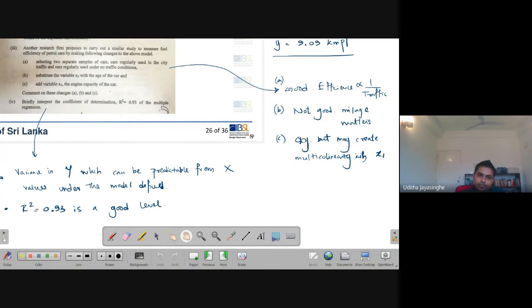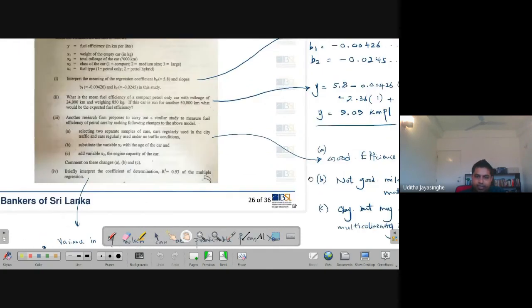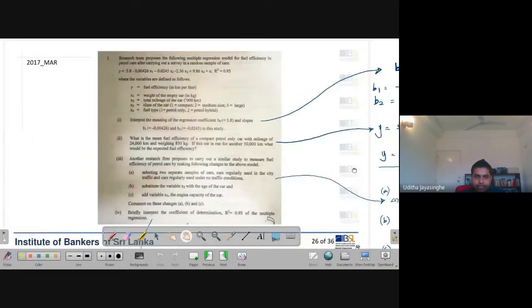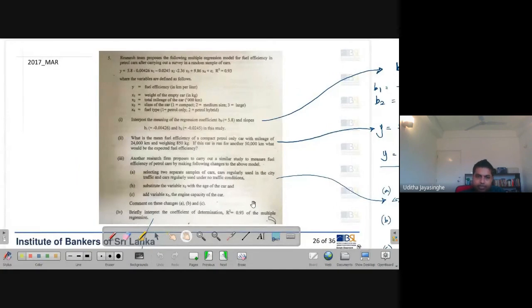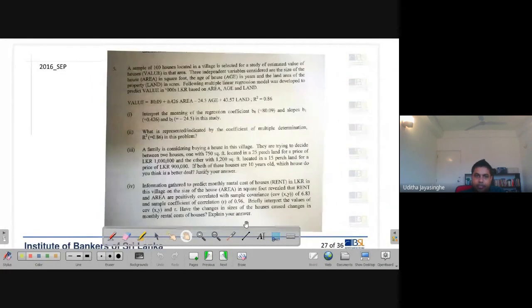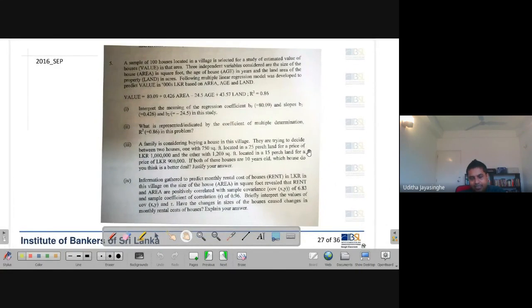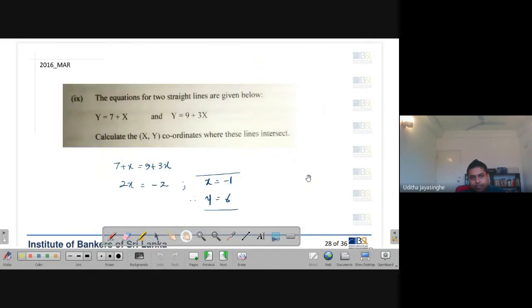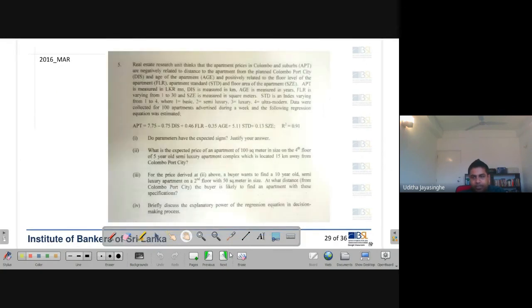Last part is the R square determination. 17 marks, pretty much a similar kind of question. 16 September, I don't need to spend time here. This is sort of a repetition of that apartment question. This equation, my answer is x negative 1, y is equal to 6.